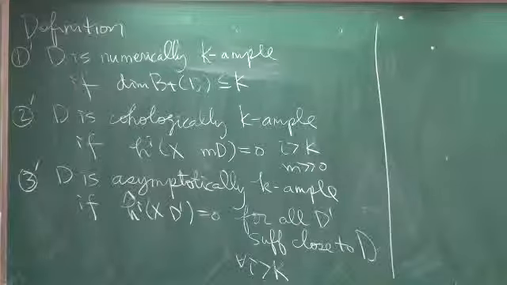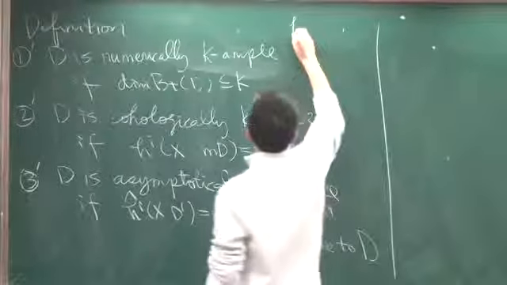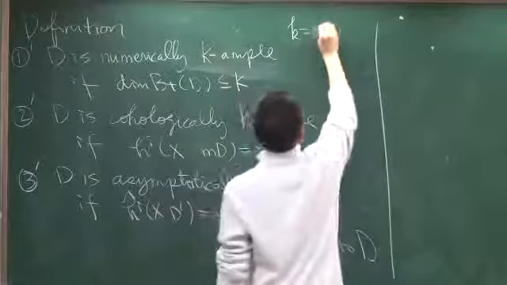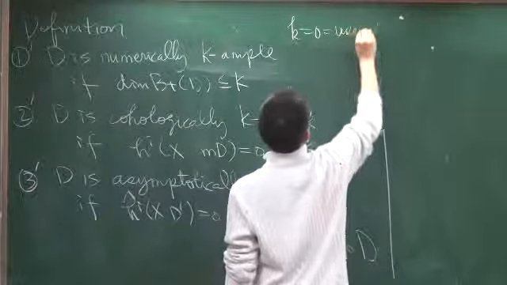So if K is 0, they all coincide as the usual ampleness. So 0 means the usual ampleness.